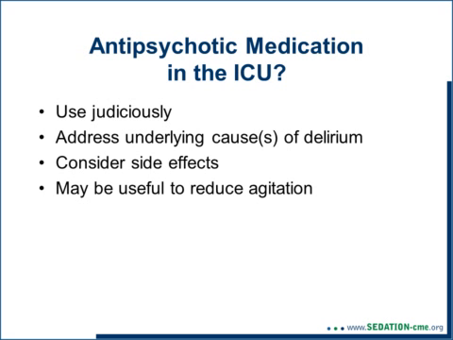Yeah, I agree, and it sounds like the approach that we take is pretty similar in terms of when would we give an antipsychotic. At this point, I don't treat delirium with antipsychotics. I just don't think that there is strong evidence for my patient population that the drugs work.